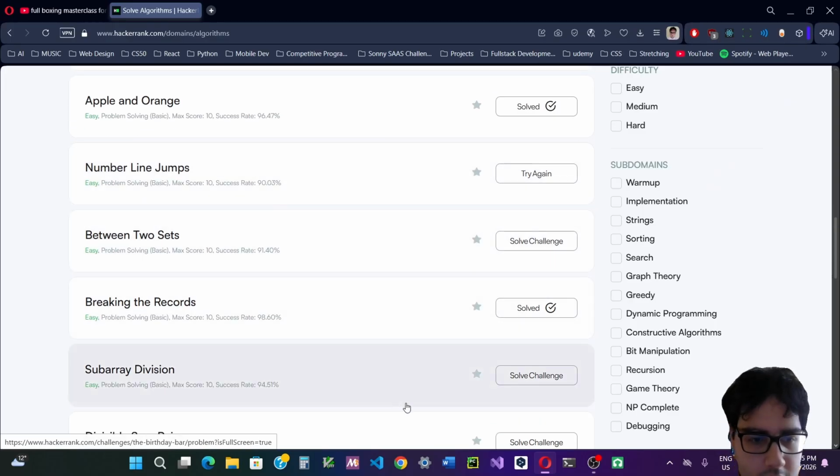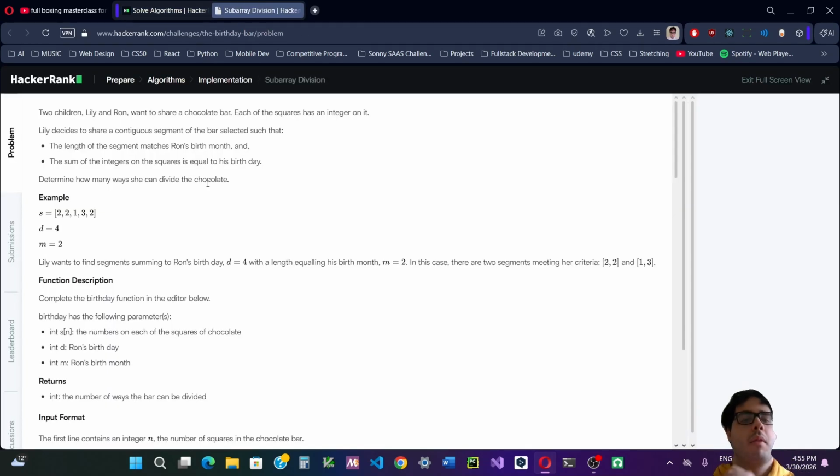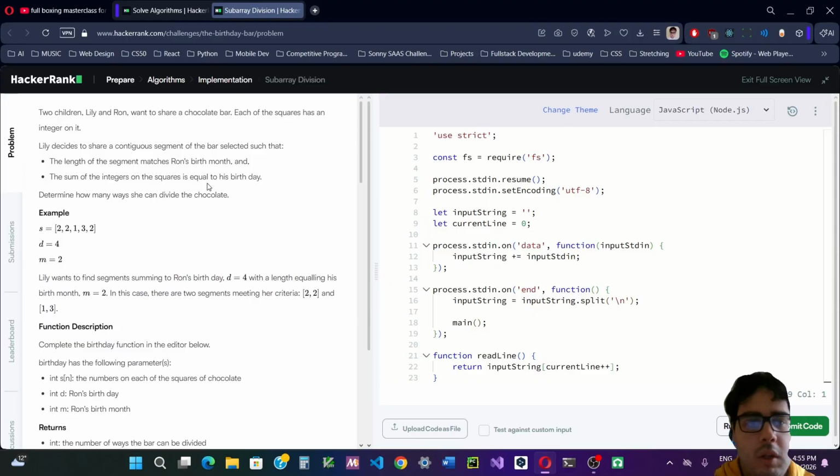Okay, now let's try subarray division. I don't like the sound of that, but two children, Lily and Ron, want to share a chocolate bar. Each of the squares has an integer on it. Lily decides to share a contiguous segment of the bar selected such that the length of the segment matches Ron's birth month and the sum of the integers on the squares is equal to his birthday.